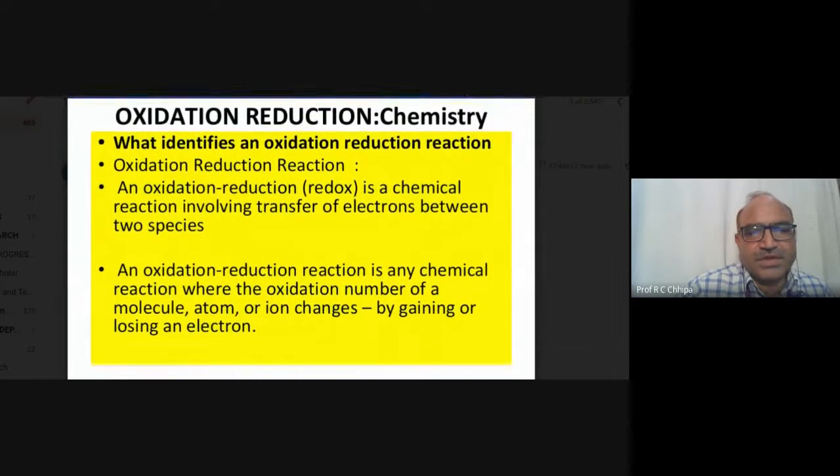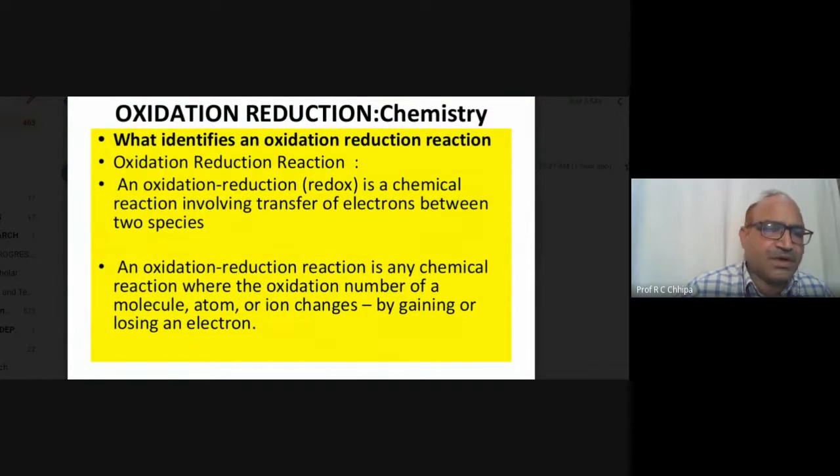In the common oxidation and reduction reactions we are discussing, how oxidation occurs and how reduction occurs, and what conditions are responsible, must be discussed.